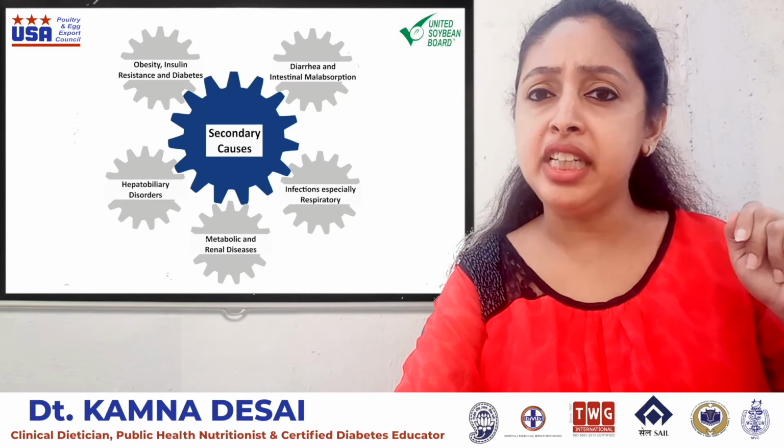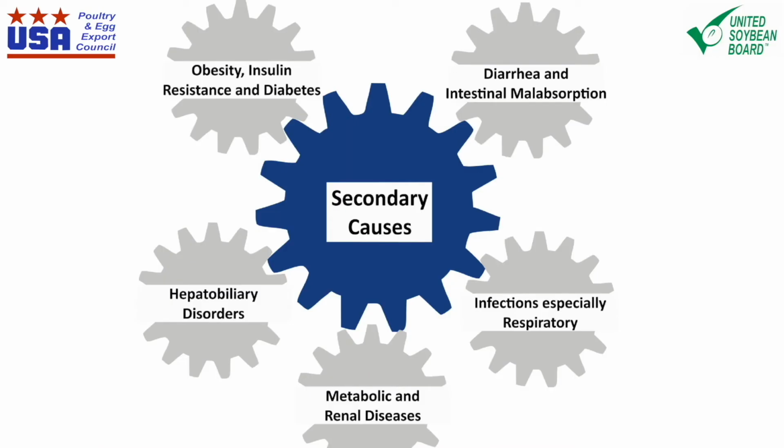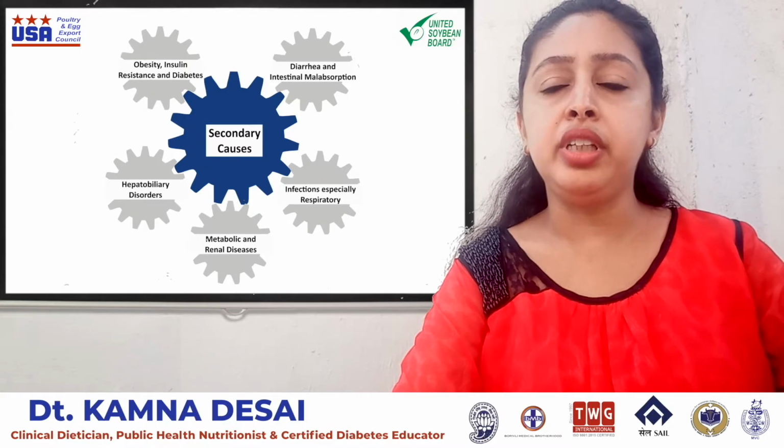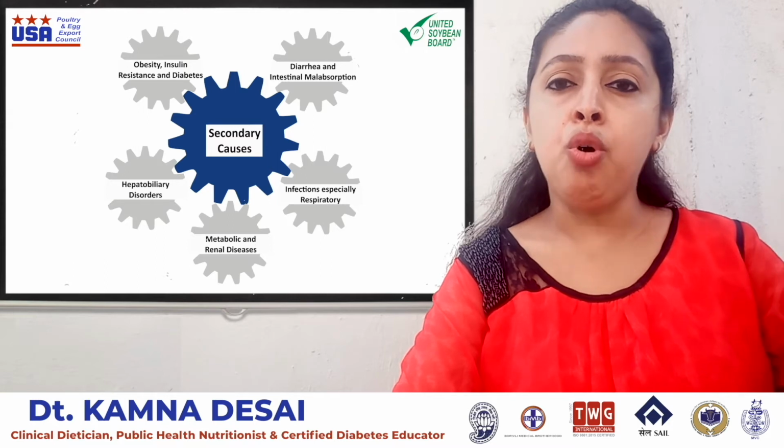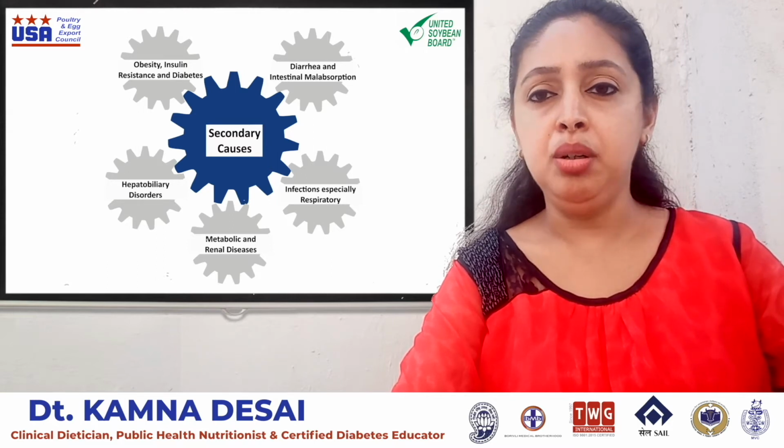Last but not the least would be obesity, insulin resistance, and diabetes. All of this, which is your metabolic disorder syndrome X, as we commonly call it, would also lead to more protein requirements for the body.